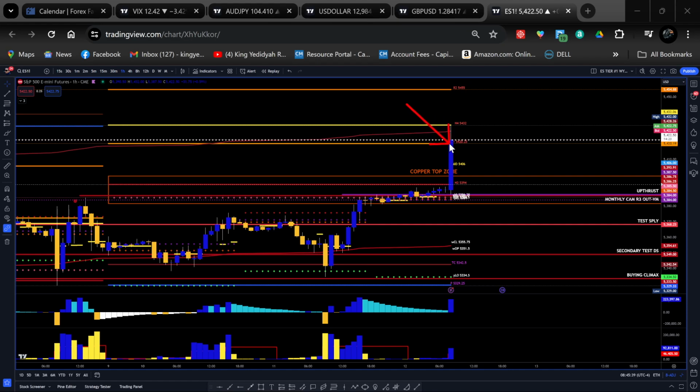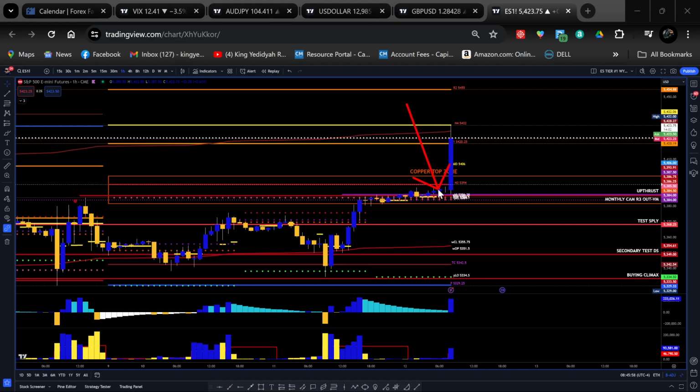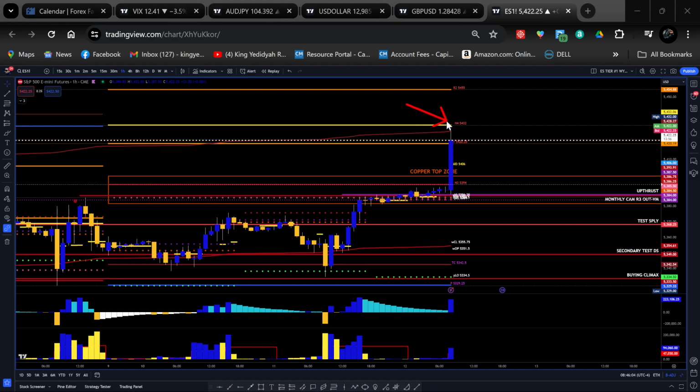With the news, core CPI, that shot up, and we broke all these resistances here. I had a note yesterday that we need other time frame buyers to push through this level. We got those guys coming in here, so they're front running the FOMC Fed funds rate.